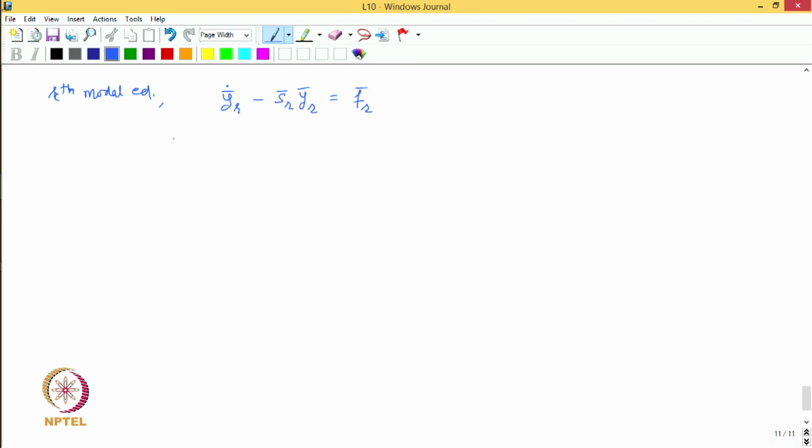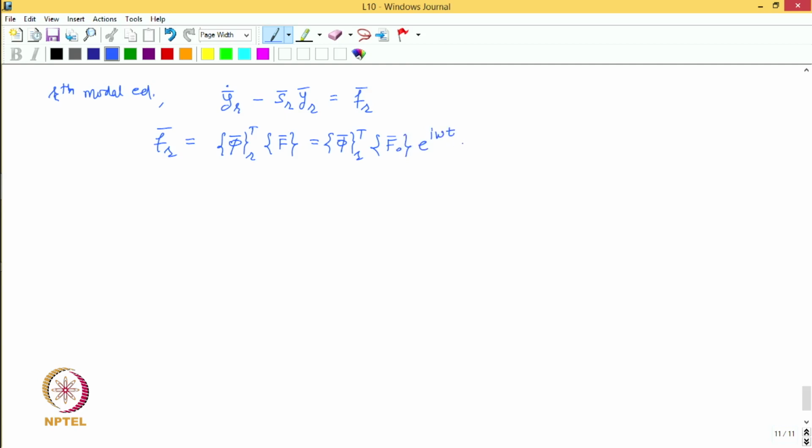If you look at F R bar, this is nothing but the dot product of the rth eigenvector and the force vector in modal space. Because the force vector is harmonic, we can write this as phi bar R transpose F bar naught, which is the amplitude of the force vector, e to the power I omega t.